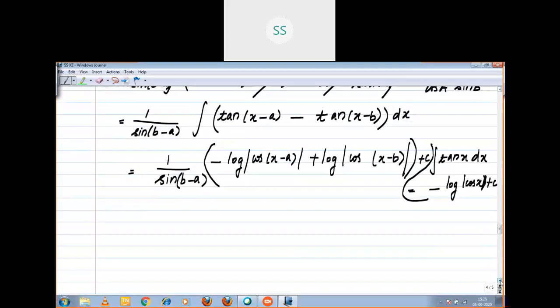Now see, log a minus log b can be written as log of a by b.